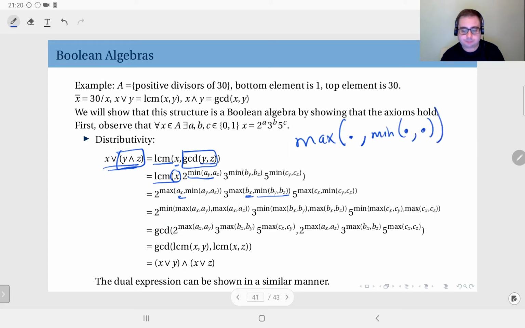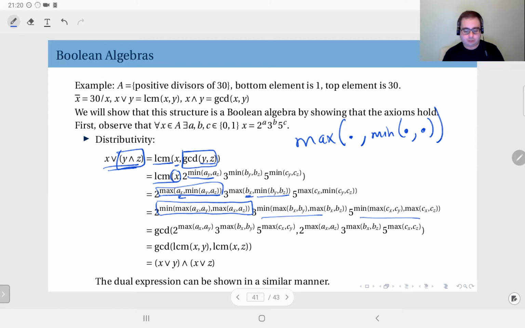So now I have this expression here, the maximum of something and the minimum of something and something. This expression is equal to this expression. And if you think about this for a while, you can see this. Also remember, all a's, b's, and c's are 0 or 1 here. That's not the key issue here, but if you want to compute this, that will be equal to this quantity here. And it all goes for the powers of 3 and 5 also.